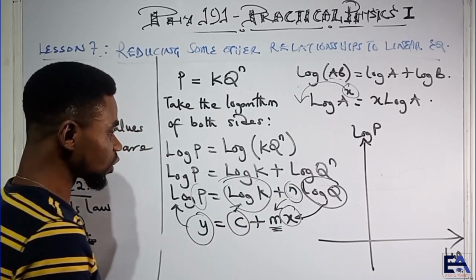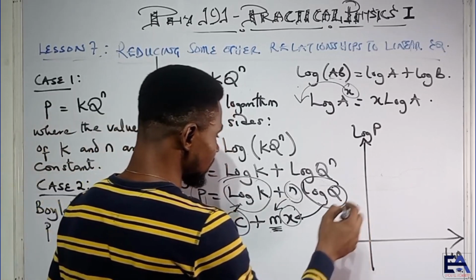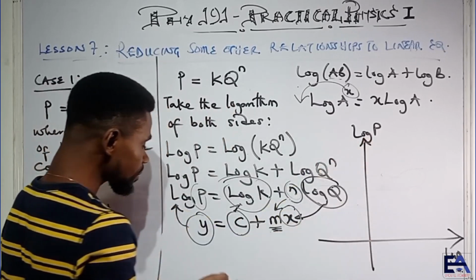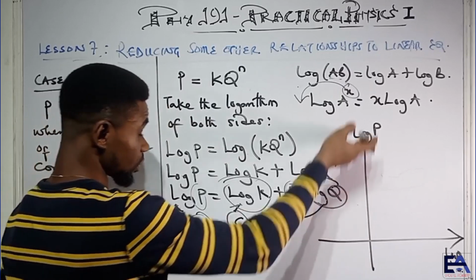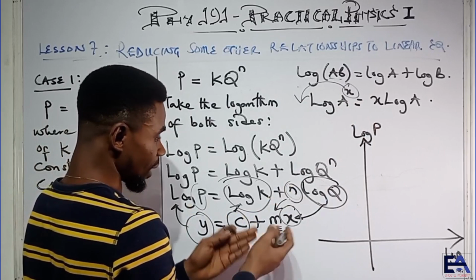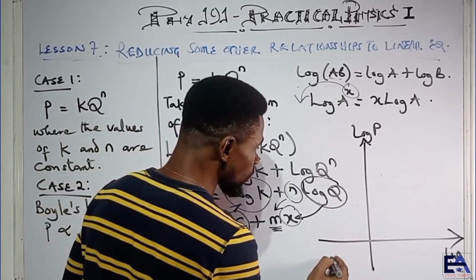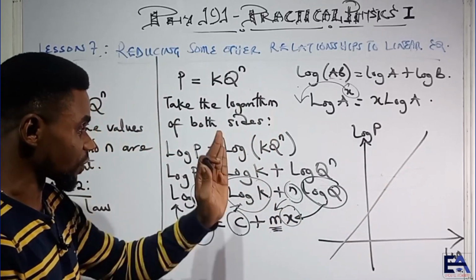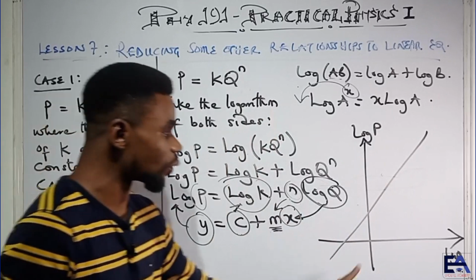So the rough sketch of the graph is going to be something like this: obviously the graph intercepts the y-axis on the positive side, on the log p axis, and it has a positive slope m, which means the graph goes upward.